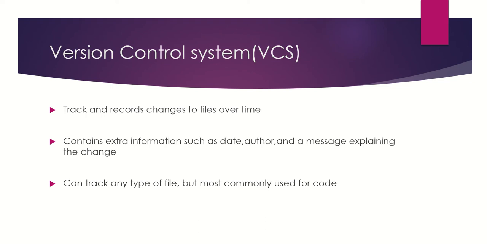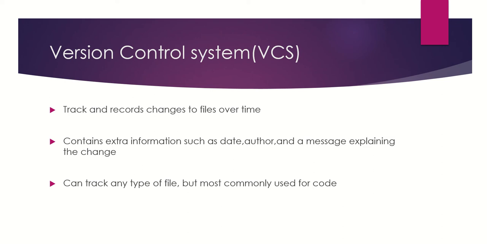If you're working on a programming project and you make a change that introduces a bug, you can use a version control system to return your program to a state where that bug had not yet been created in the code. You could then easily track down which changes you made that caused the issue and fix it.